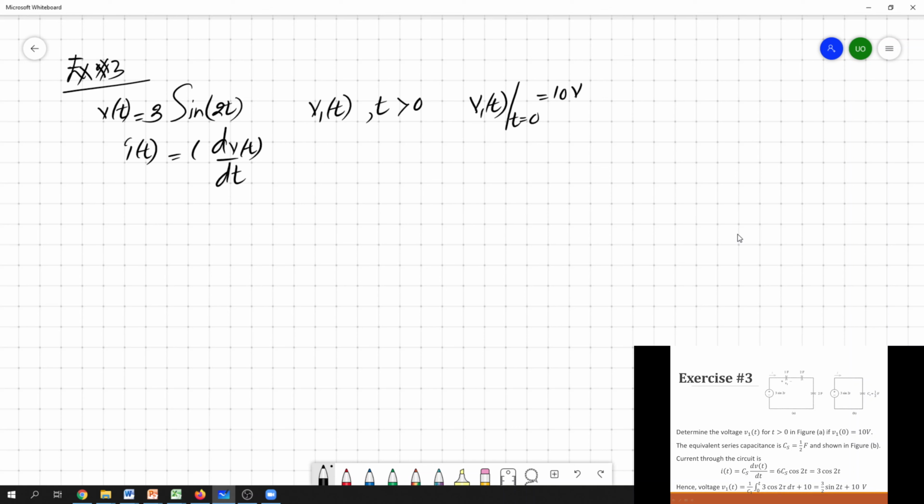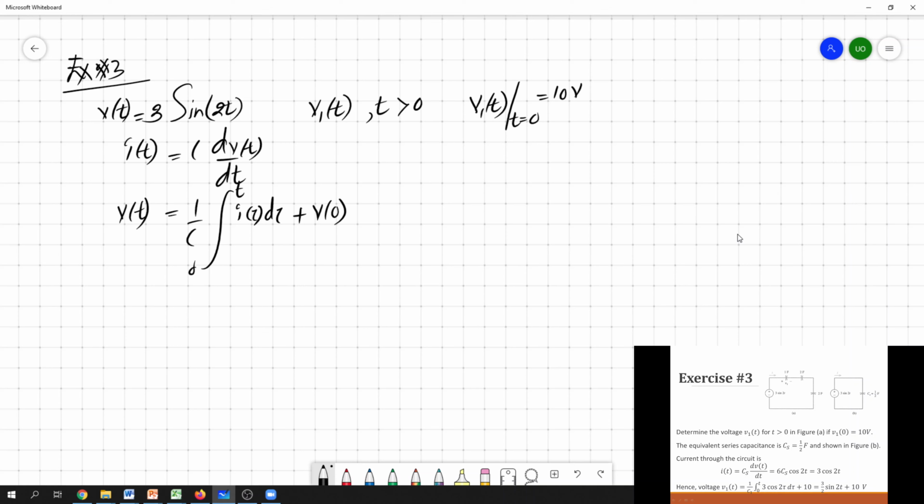If you want to evaluate the voltage across the capacitor, we know that this is the relationship: 1 over C integral plus the initial condition.